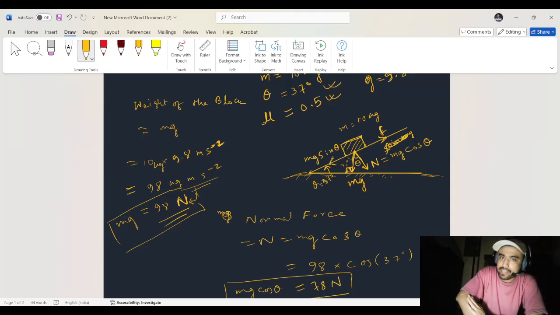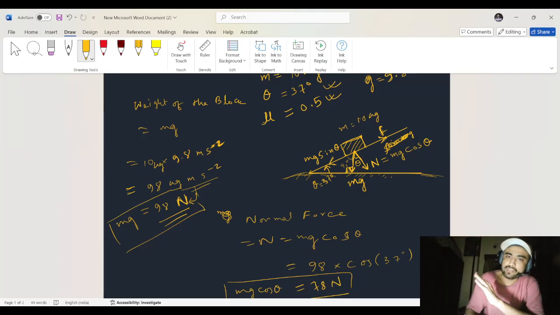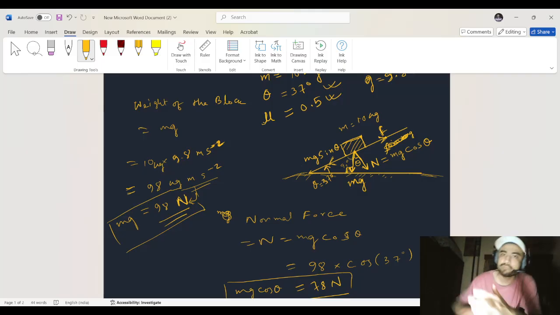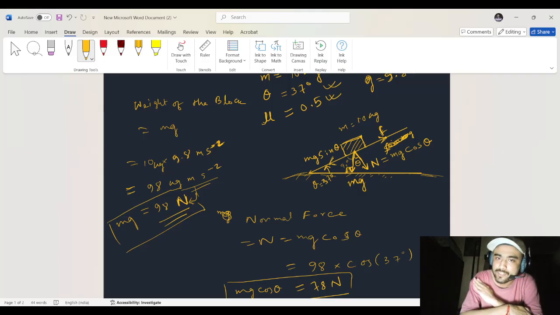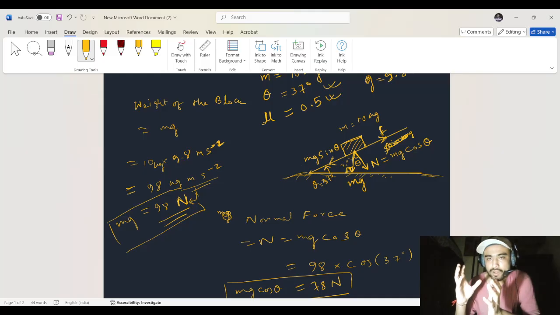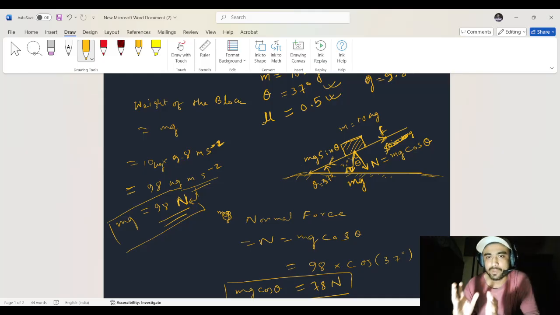So as long as it can resist the movement and the block is motionless, the friction is acting. There is a scope of improvement, maybe it can get higher, but once the block starts to move downwards, that means the friction has failed to keep it static.